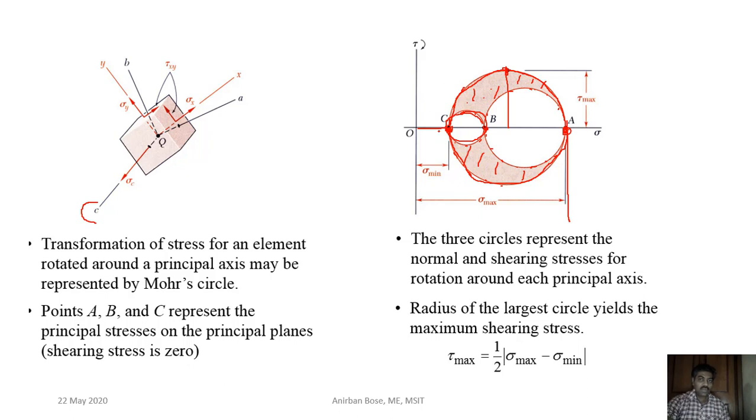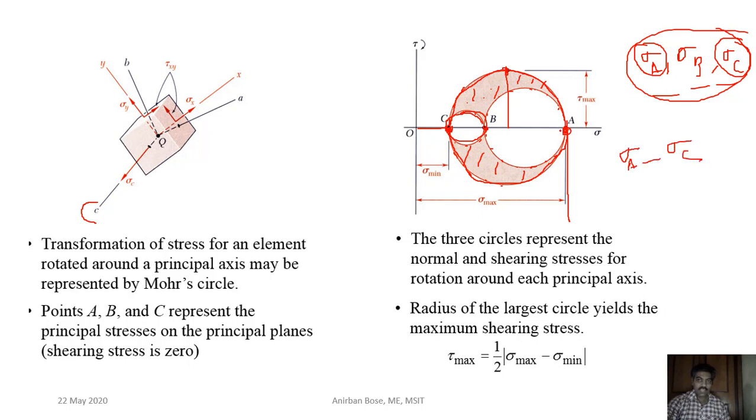So how can we find that? Simply, if you find sigma A, sigma B and sigma C, and these three principal stresses are such that sigma A is the largest and sigma C is the smallest, then sigma A minus sigma C is the diameter of the largest Mohr circle, and that divided by 2 is nothing but the maximum shear.